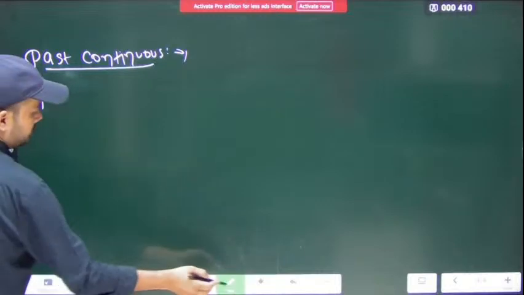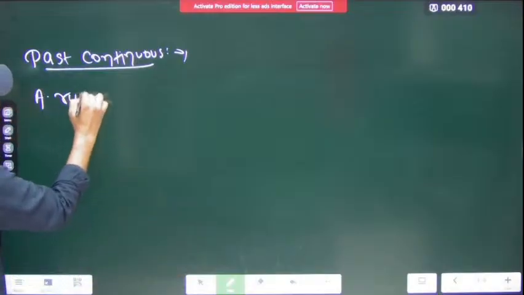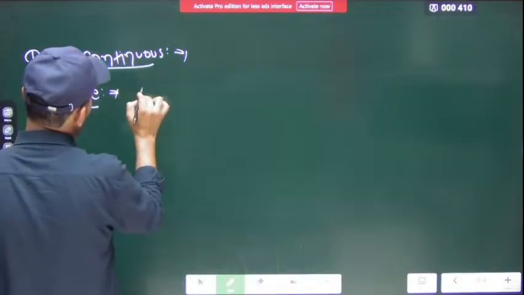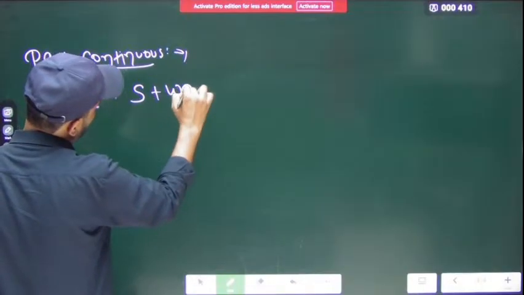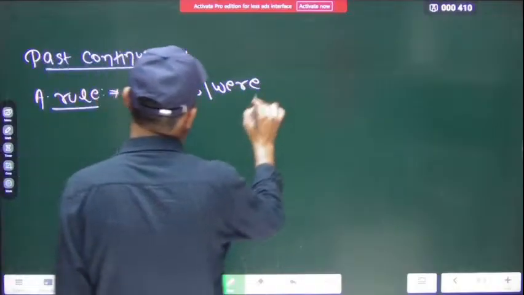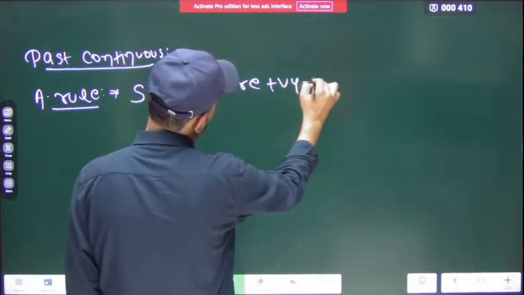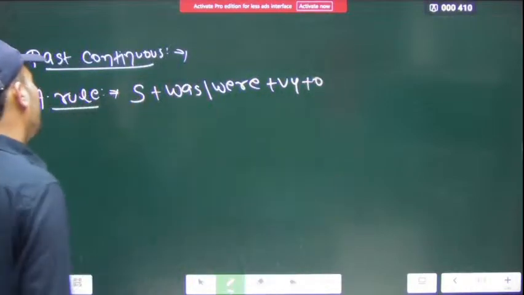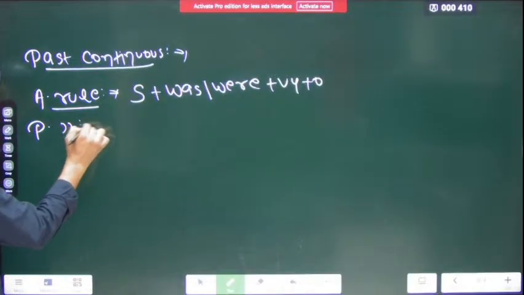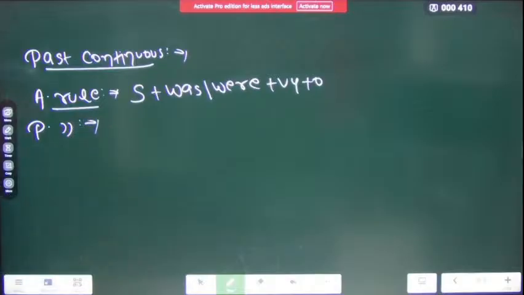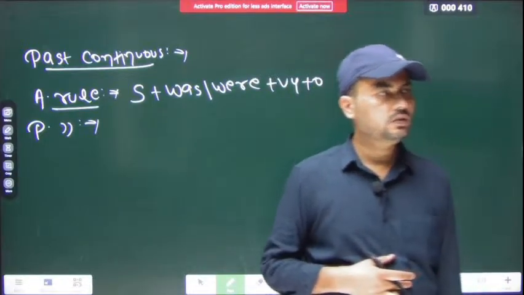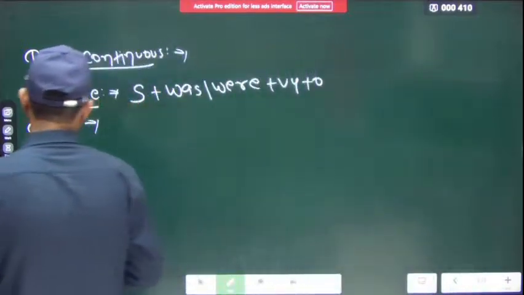Here the affirmative rule will be: subject plus was/were plus verb 4 plus object. Okay, now see the passive rule of this sentence. After was/were we will use being. Okay, was/were is a helping verb, and after the helping verb we will use being here, as per the rules of passive.